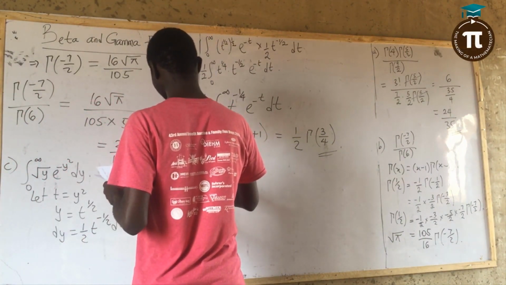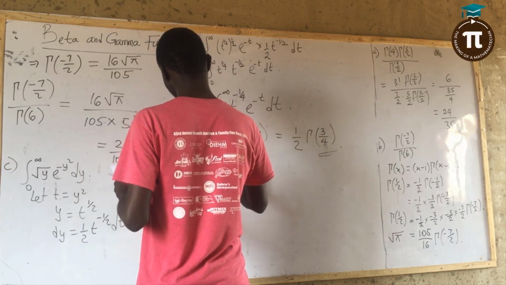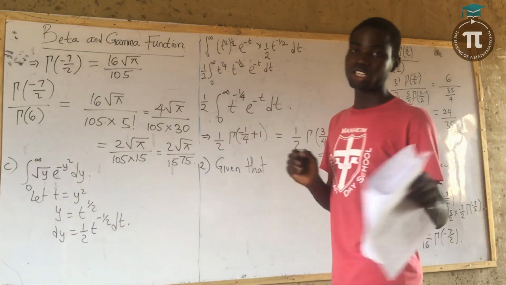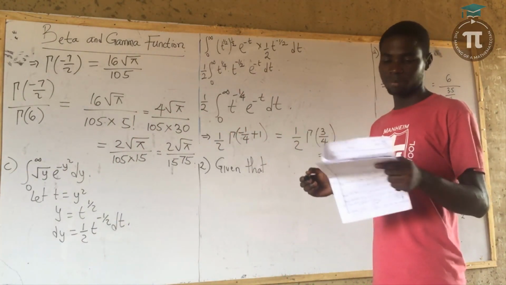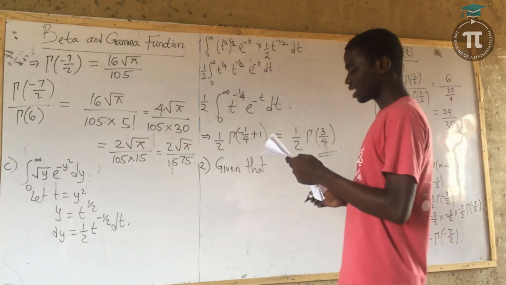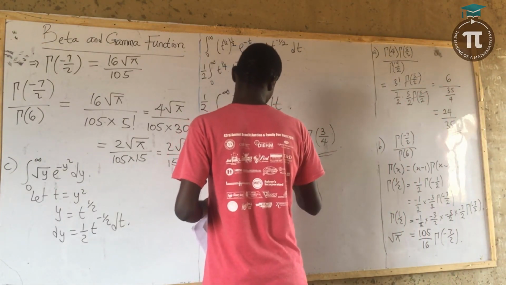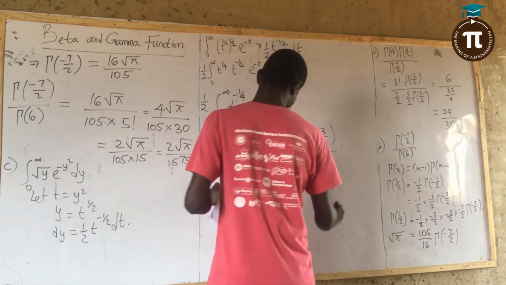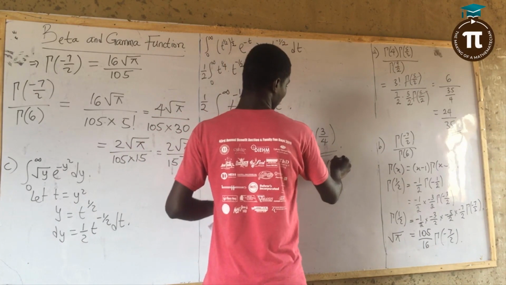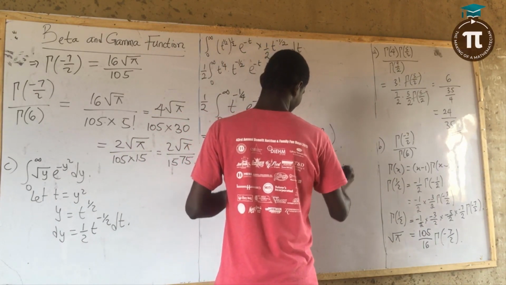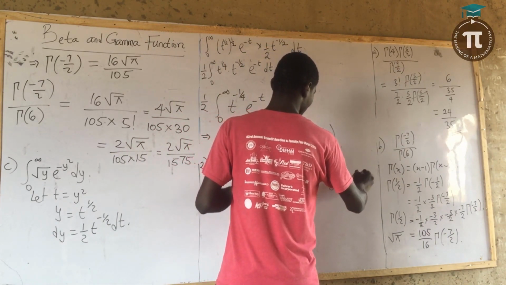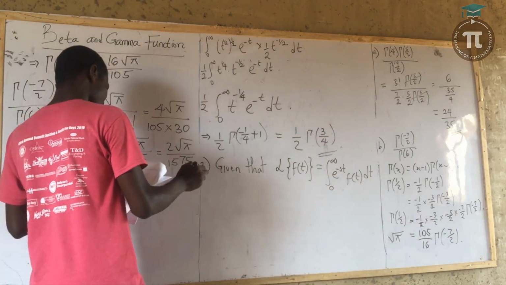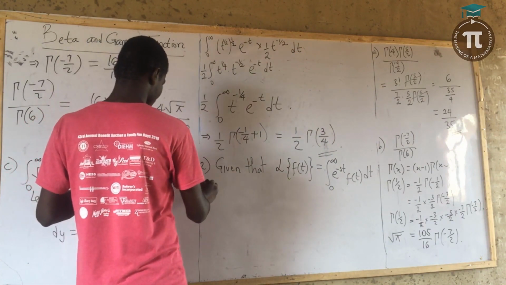So given that we want to move to another example, this example is what connects the Laplace transform with the gamma function. Given that the Laplace transform function is defined as integral from 0 to infinity of e raised to power minus st f of t dt.